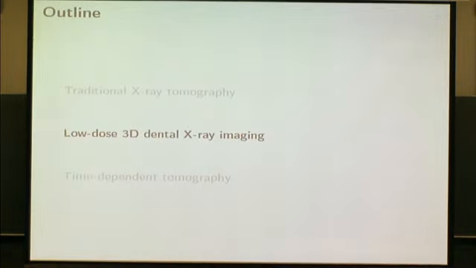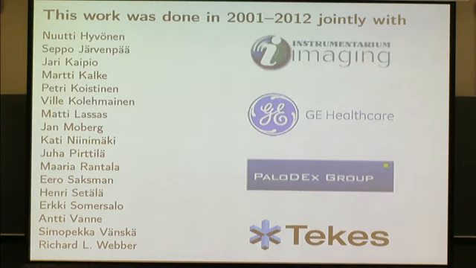Now, after my PhD, when I moved to industry in 1999, I started working at Instrumentarium Imaging, a Finnish company that produced different medical imaging devices based on X-rays. They made mammography devices, dental X-ray imaging devices like panoramic machines, and also surgical C-arm devices.